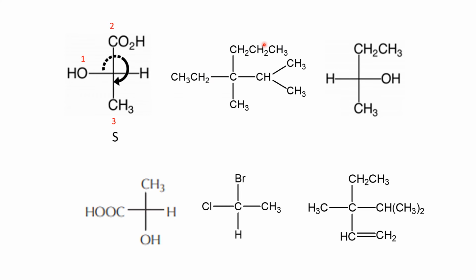But this is further attached to another carbon, so this will get priority over this. It is attached to 2 carbons, so obviously this will get first priority, this will get second, this will get third. So we are proceeding in the anti-clockwise direction. Here you can observe the fourth priority group is on the vertical line, so the configuration is correct, S.